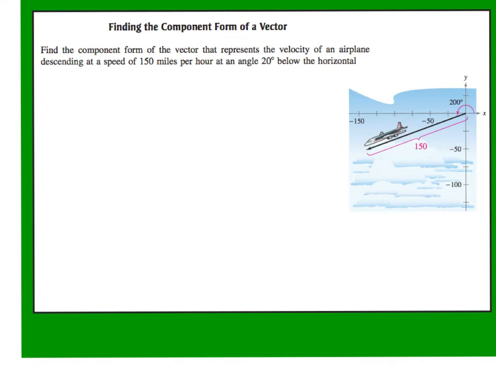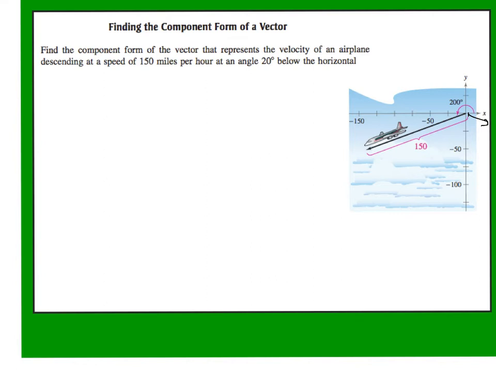Okay, a negative 20 would also be known as what? It'd be 200 degrees that way, or it would be what? 340 degrees. All right, 340 degrees would still be 20 degrees below the horizontal, but it'd be going to the right instead of to the left.